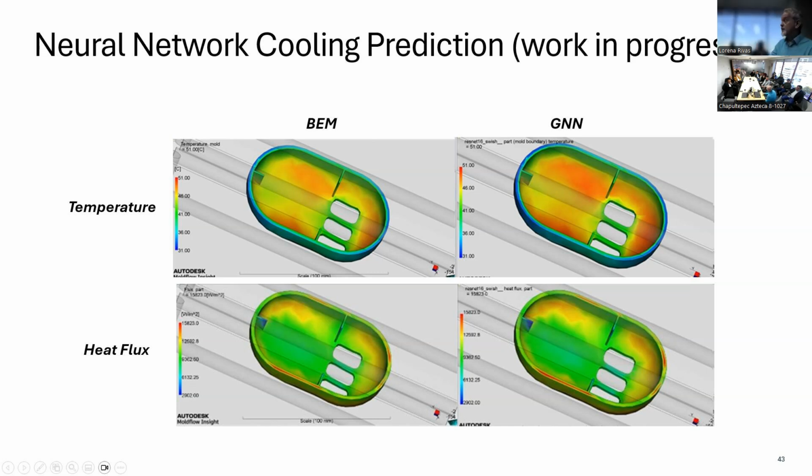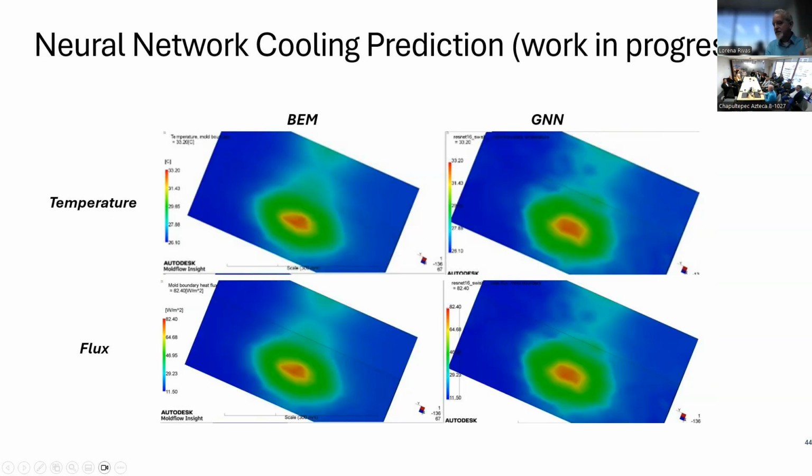This is a good result. We also have some worse results, so there's still a lot of work to be done here. Same thing for a Cool BEM mold temperature distribution on the same spot. We can predict what that looks like with a new neural network. Like I said, there's still a lot of work to be done in this particular area.